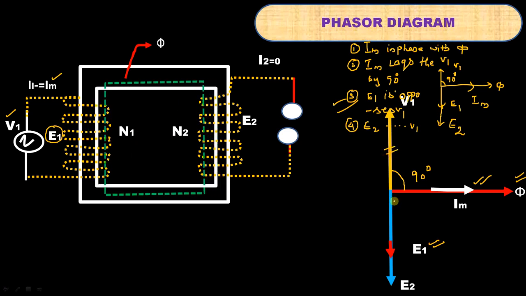And the fourth one: E2 also opposes V1, with a different magnitude, because its magnitude depends upon the number of turns on the secondary side. This is the basic concept of the ideal transformer and the ideal transformer on no load condition. Thank you.